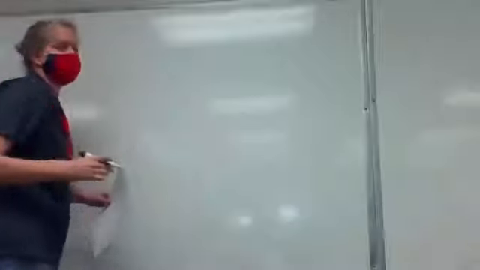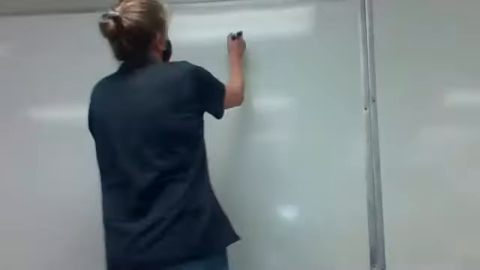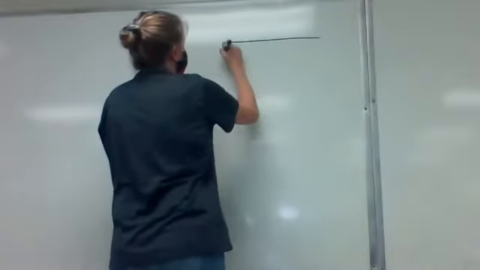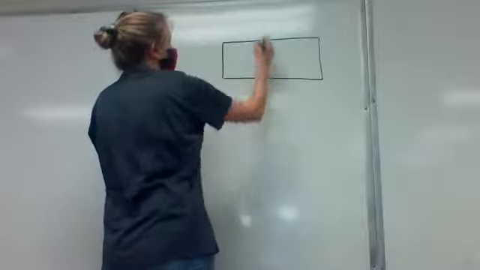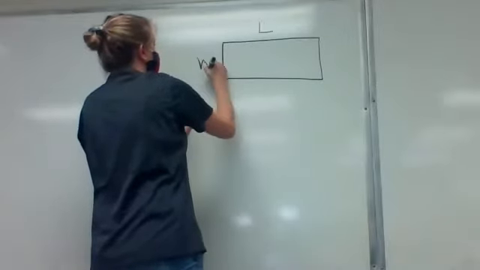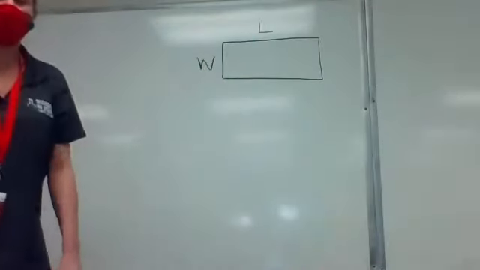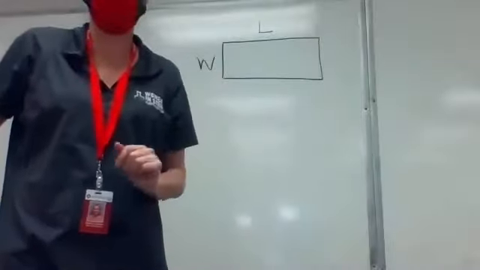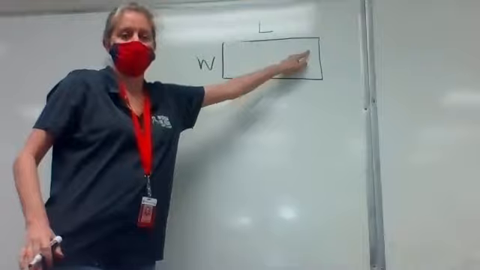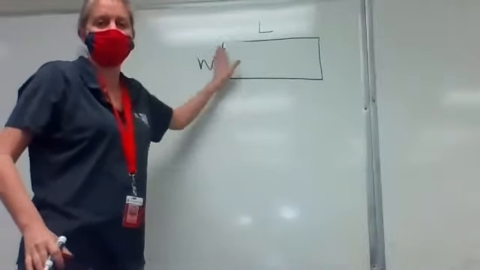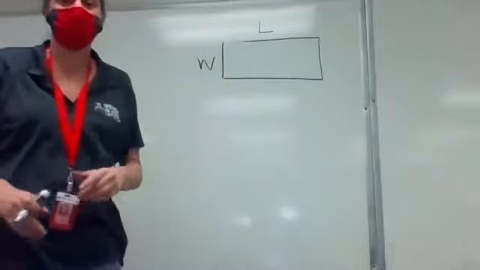Okay, here is the formula that you're going to use. It's talking about the perimeter of a rectangle. When you're talking about a rectangle, you have 2 different dimensions. You've got a length, and then you have a width, so how long it is and how wide it is.